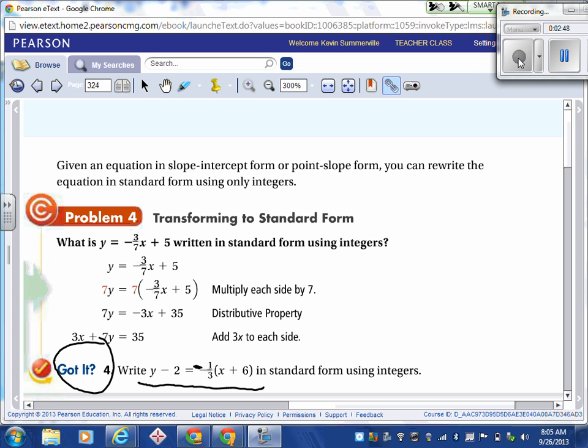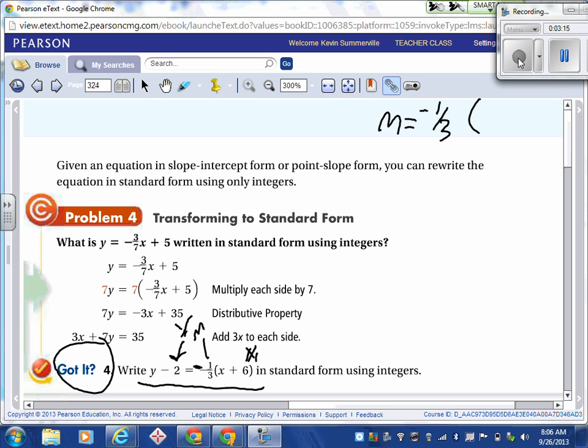So looking at an equation, this number right here is my y1. This number right here is my slope. This number right here is my x1. So when I'm looking to rewrite this, I have my slope, which equals negative 1/3.